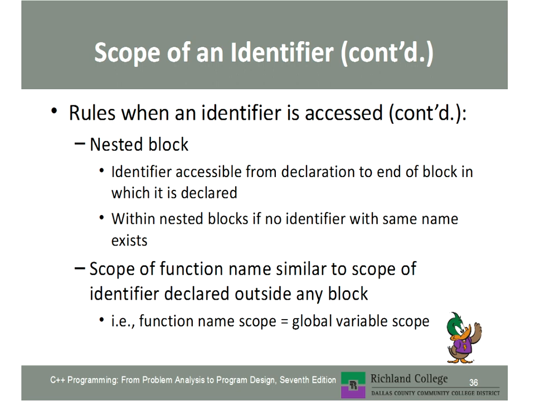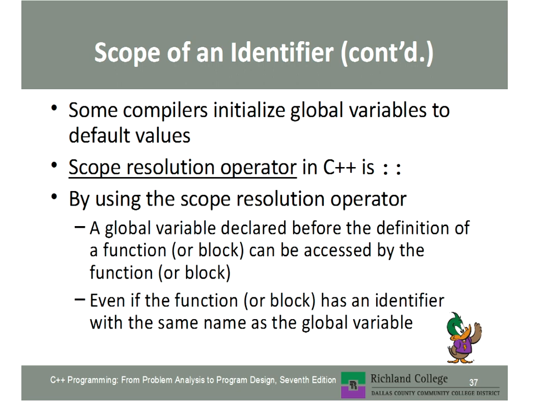But the only thing that you're going to see is the closest one to you. So you only see the variables with the same name that are declared closest to you. The scope of a function is similar to the scope of an identifier declared outside any block.